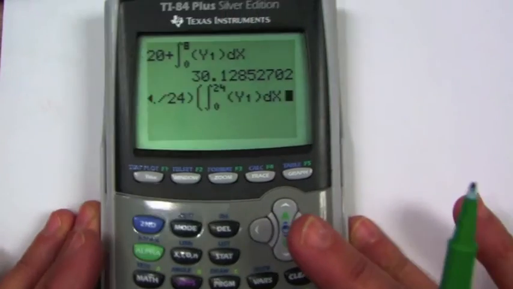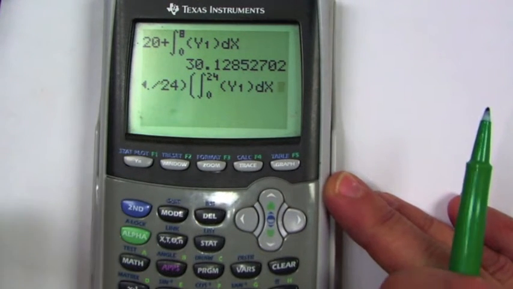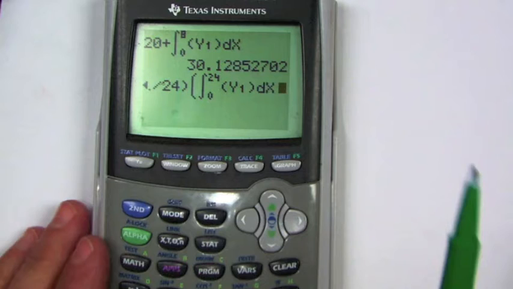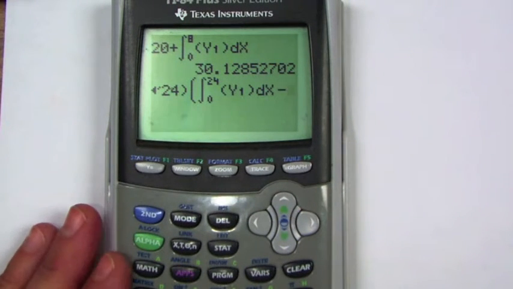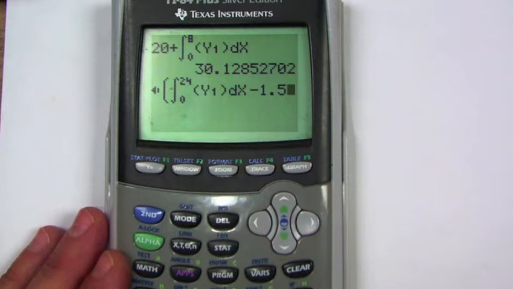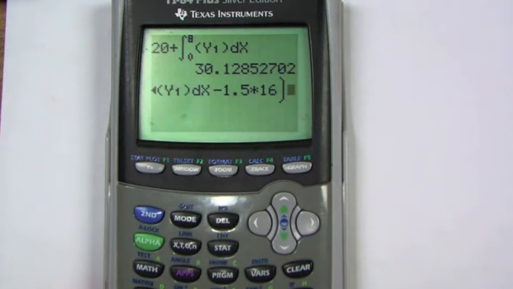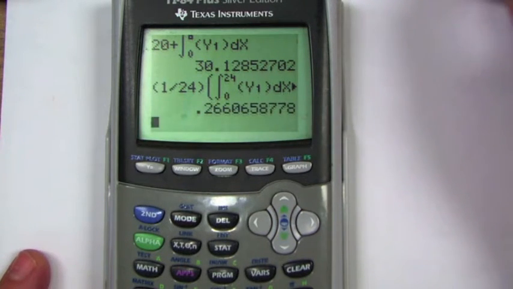So there's the 1/24th, and inside I've got the integral from 0 to 24 of what's in y1 minus 1.5 times 16, and close off my parentheses. And it's thinking.